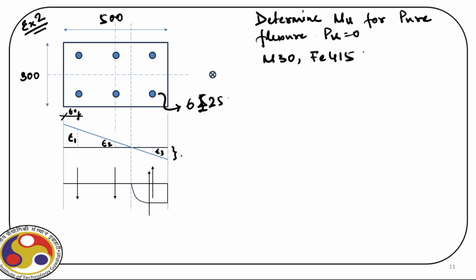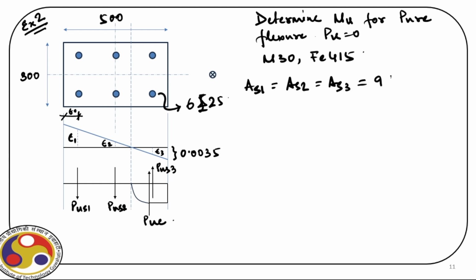This value of strain is 0.0035, and then you have Pus1, Pus2, Pus3, and then Puc. Okay, so for this problem, As1 is equal to As2 is equal to As3, 981 millimeter square.